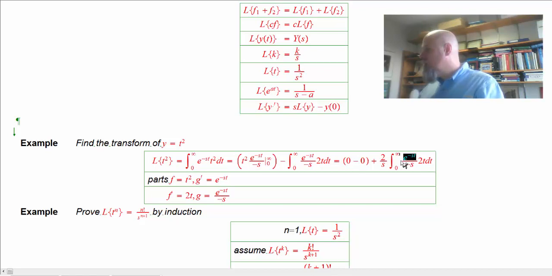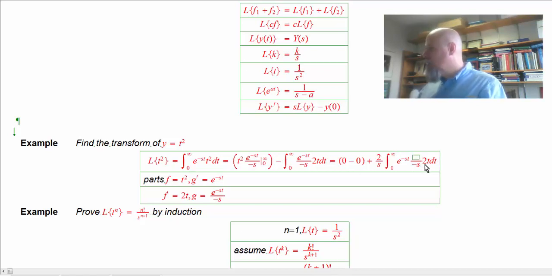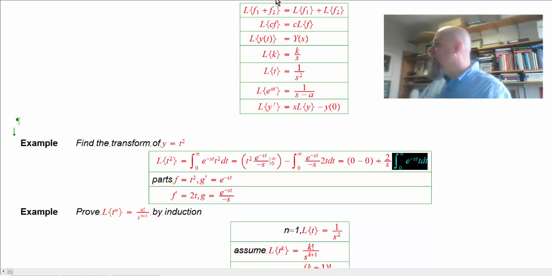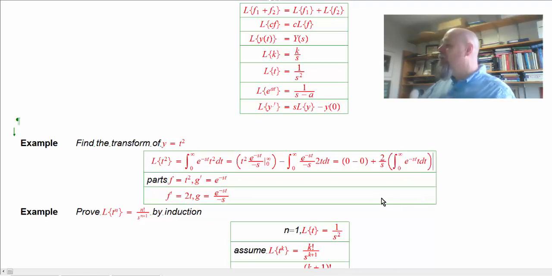So when I do that, I could still do this piece here by integration by parts, but I don't think I have to.